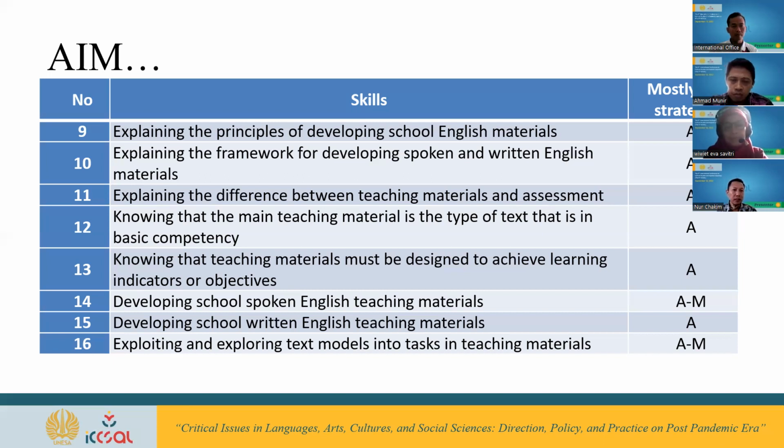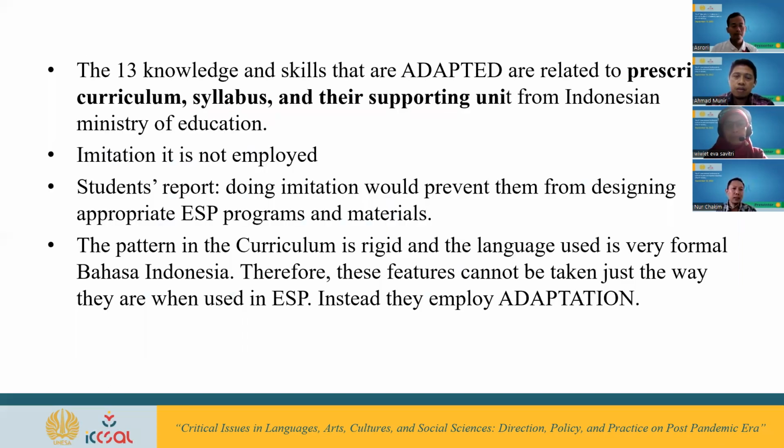And then number 14, developing spoken English teaching materials, developing school written English teaching materials, and the last, exploiting and exploring text models into tasks in teaching materials. So the total is 16 skills and knowledge covered in AIM.